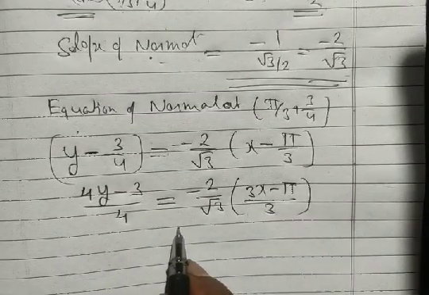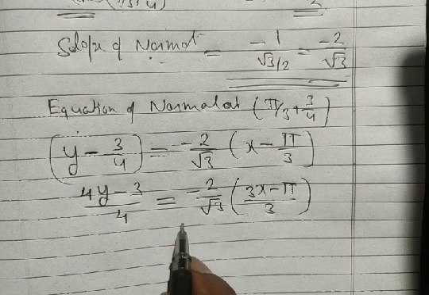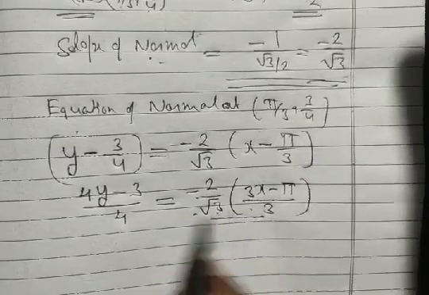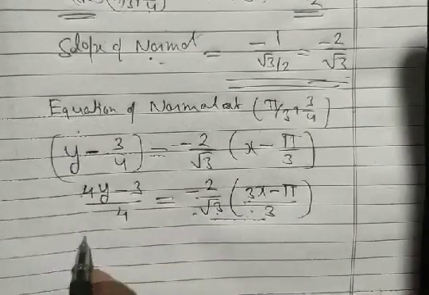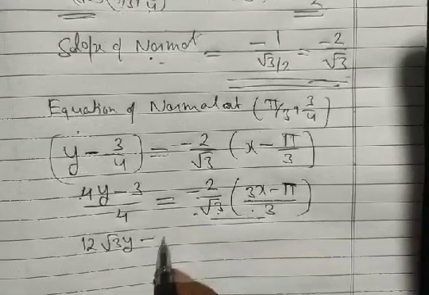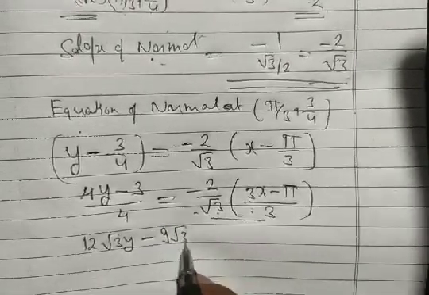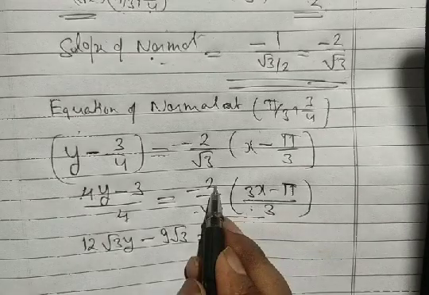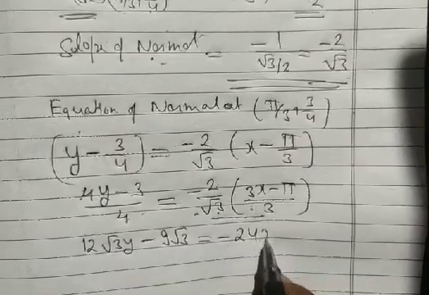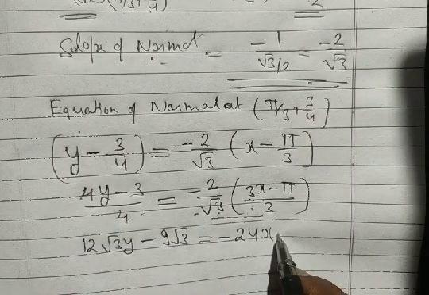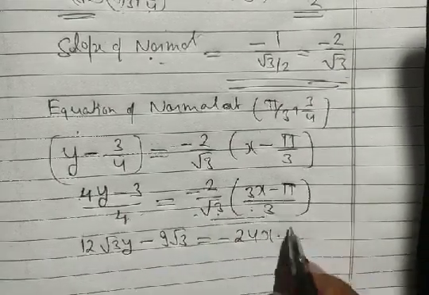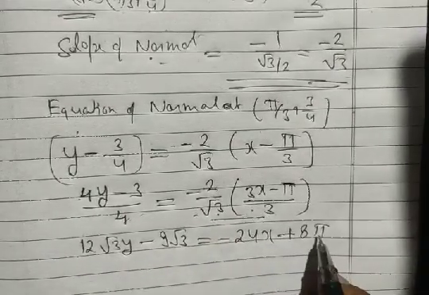Further we simplify by multiplying both sides by 3 root 3 and 4. We get 12 root 3 y minus 9 root 3 on one side, and minus 24x plus 8 pi on the other.